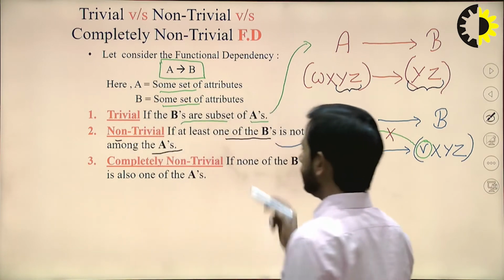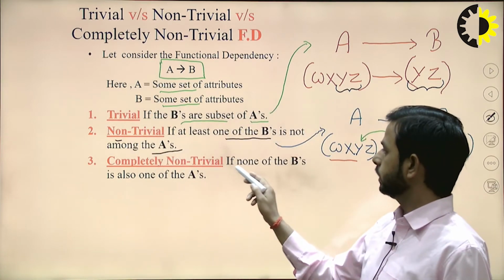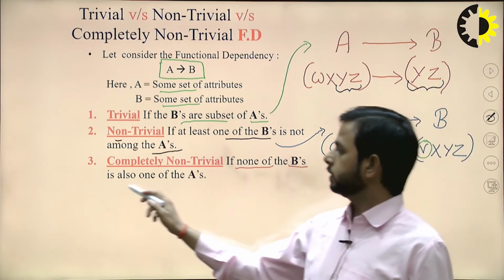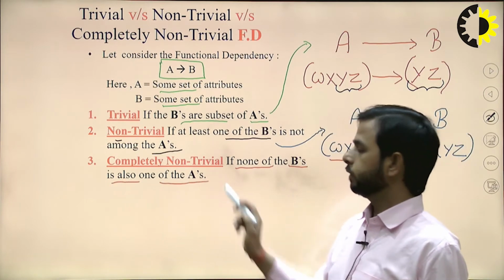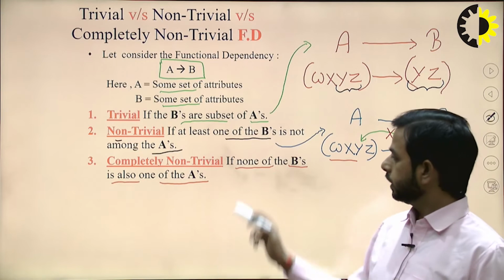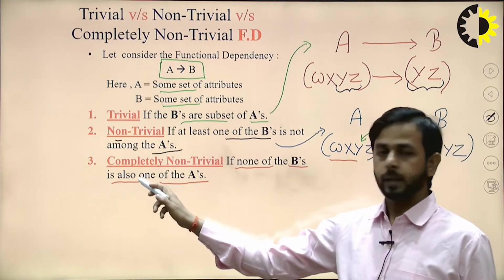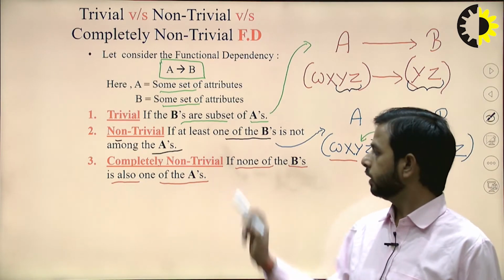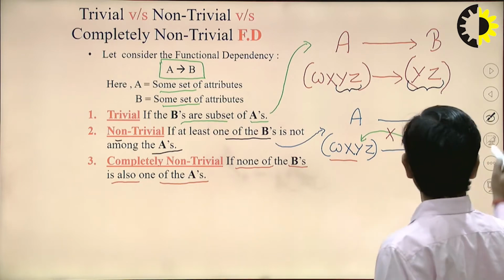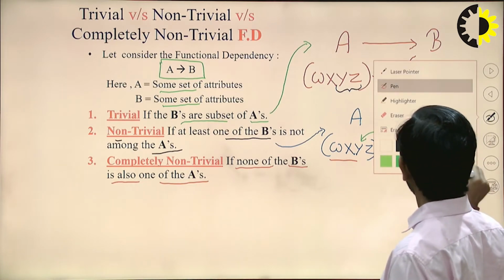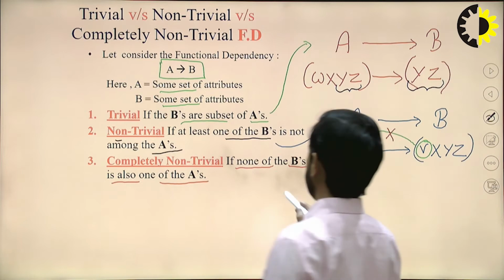Next, see the completely non-trivial functional dependency. If none of the B's is also one of the A's. What does it mean? Let's take one example.